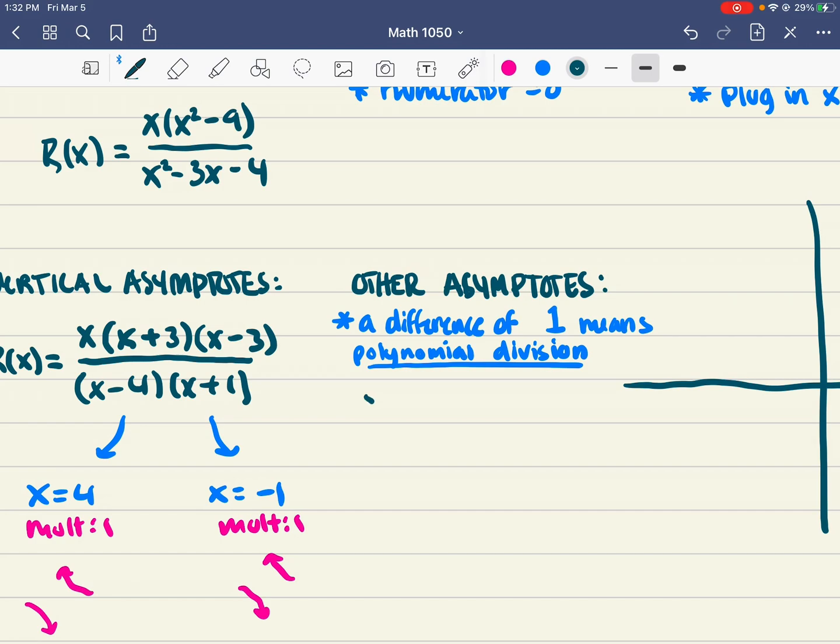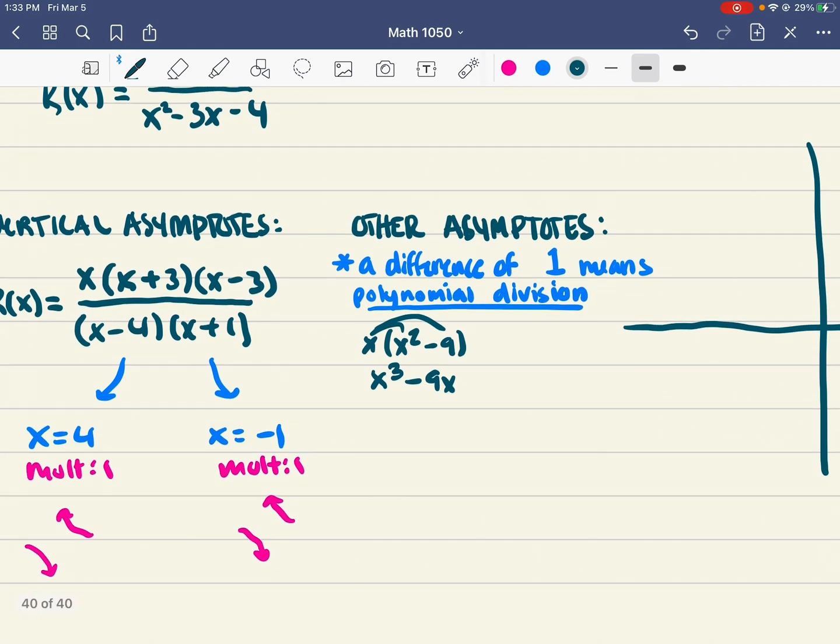So the first thing I'm going to do is multiply out my numerator, because I have it separated. So I'm just going to multiply those. That gives me x to the third power minus 9x. As we know, in polynomial division, you need to have each term laid out very specifically. So the numerator is going to go in here, and we don't have an x squared term, so I need a 0x squared term, and then we have minus 9x, and then we have a 0 constant term, so I'm going to put that on the end as well.